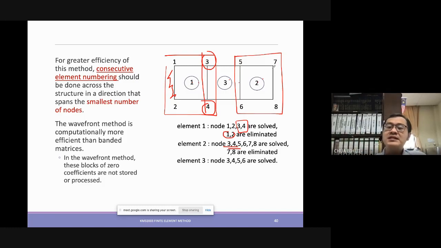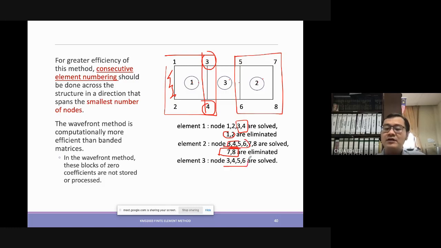But since this is at the free end, let's say, 7 and 8 may have another boundary condition. Let's say displacement is 0, there are forces and other things.